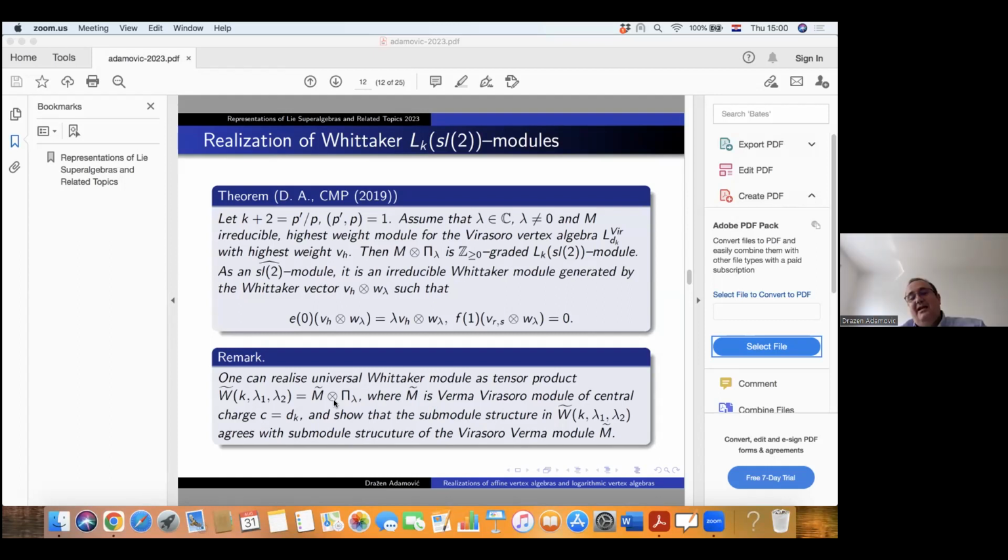So essentially everything happens on the Virasoro part. This is a complete translation between Virasoro and SL2. So all Whittaker modules happen.